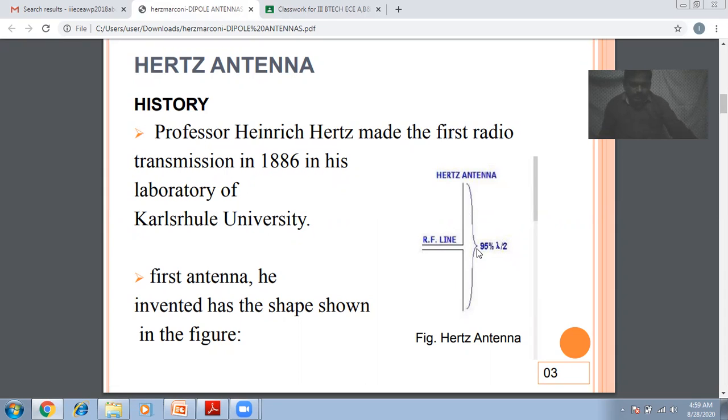But generally, we will say that it is a half wavelength line from this end to this end. If you correctly see, physically it is only 95% of lambda by 2, a little bit less than lambda by 2.